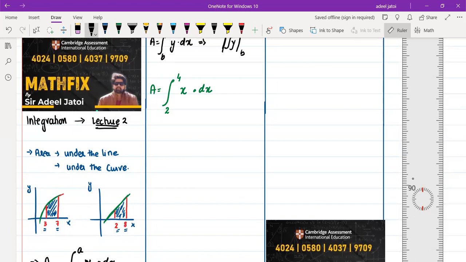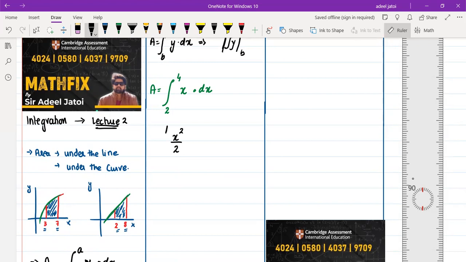What we need to do is integrate x. So this should be x square upon 2. We will not be writing plus c here, because when we use the integration limits, we will have plus c and minus c. So plus c minus c will cancel out, and obviously there is no substitution in the value of c as it is a constant.